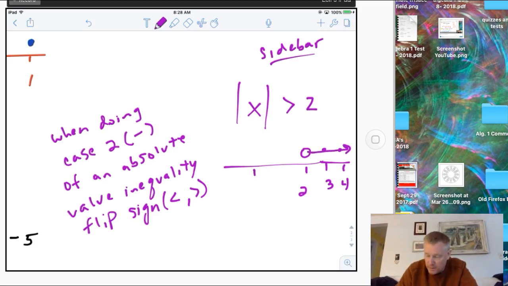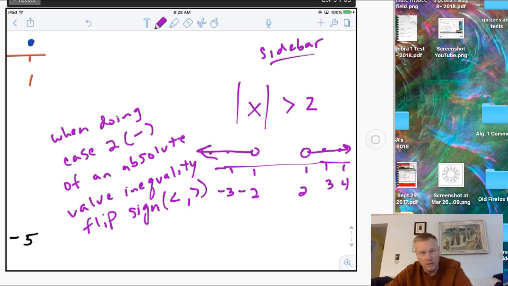Now, here's where it gets kind of funny, because if I took negative 3 and took the absolute value of it, I get positive 3, which is also greater than 2. All right, so that's also a solution over here. In fact, everything beyond negative 2 is also a solution. So you get all those answers that are on the greater than side, and then they're also less than it.